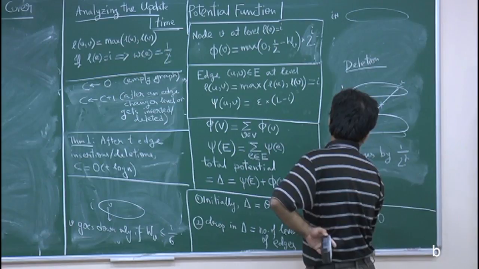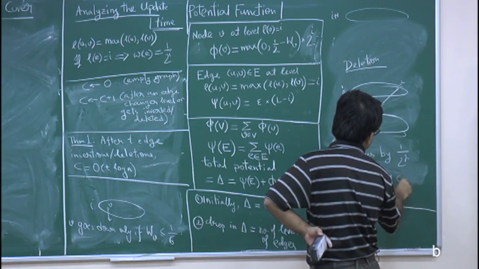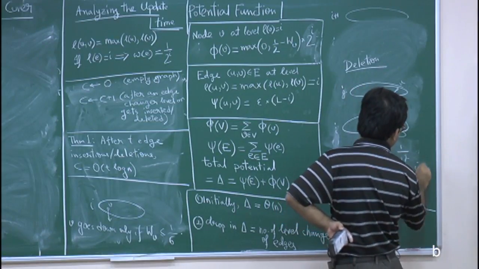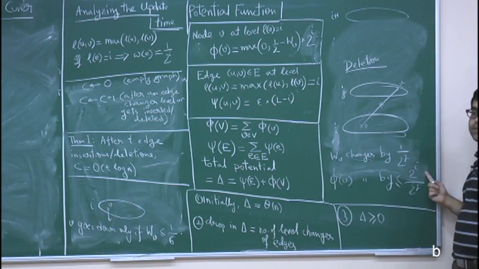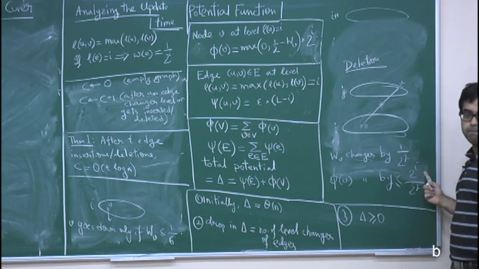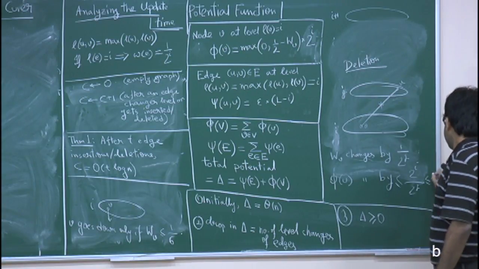So, the node potential will change by at most 2 to the power I by 2 to the power j, and you can note that this is less than or equal to 1. Okay. So, what do you know?